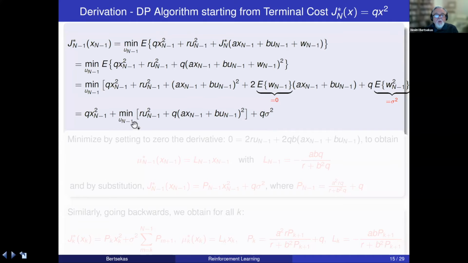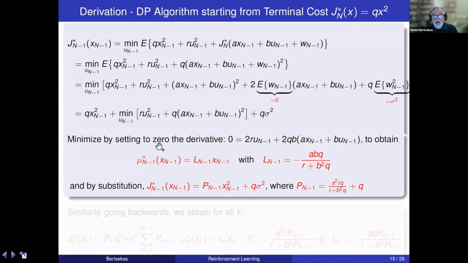And now we do this minimization in closed form. It is quadratic in u, and we set its derivative with respect to u equal to 0, which is what is shown here. And we solve for the u that sets this expression to 0. And what we obtain is the optimal policy for the last stage.